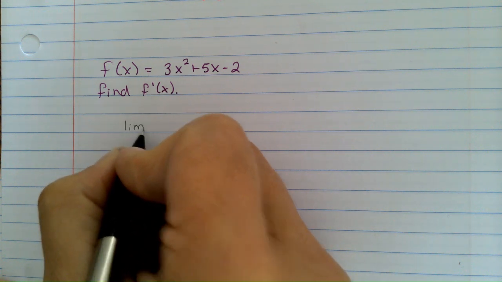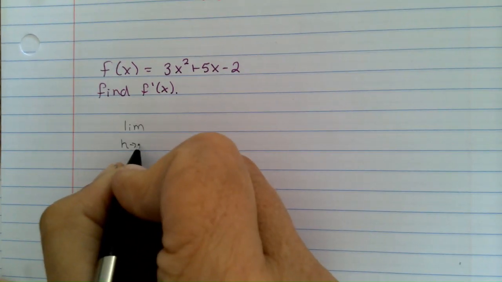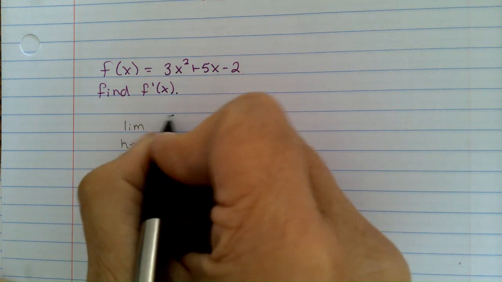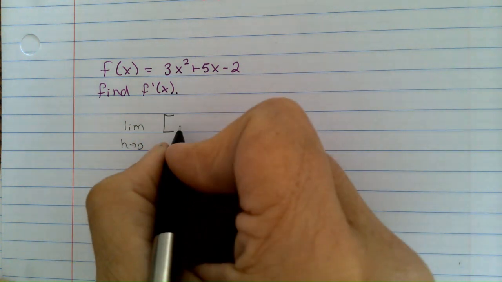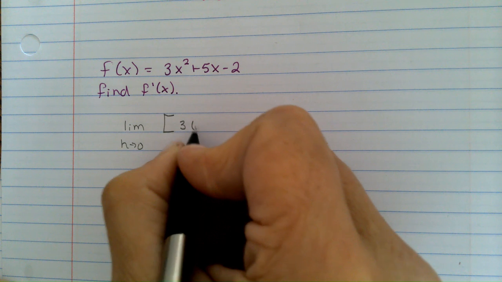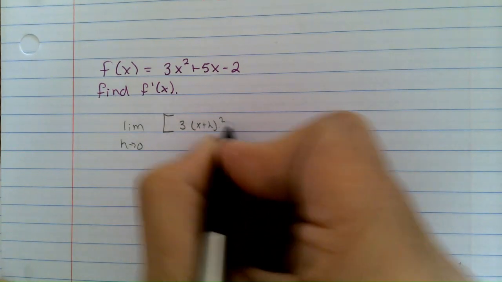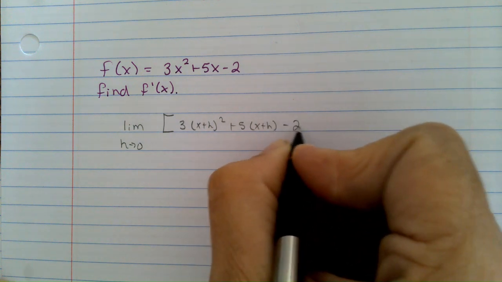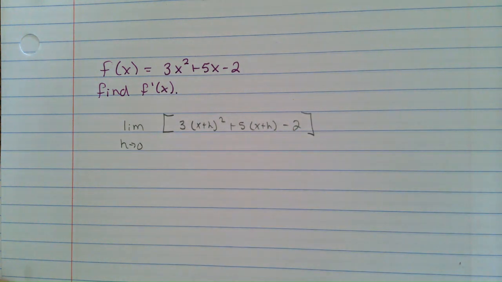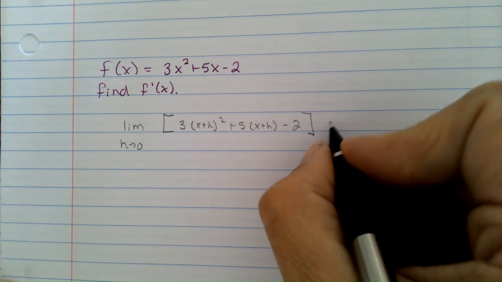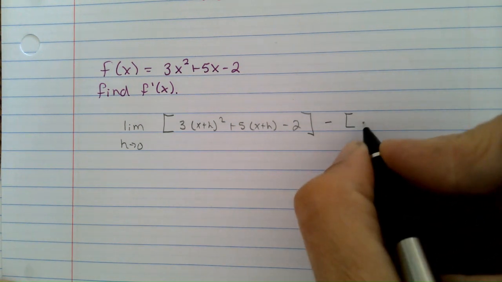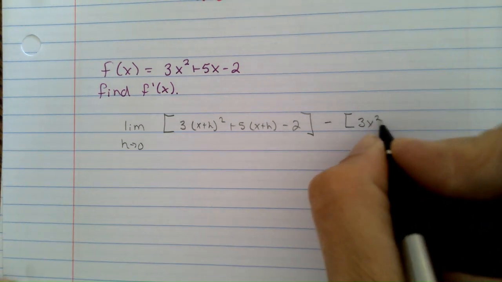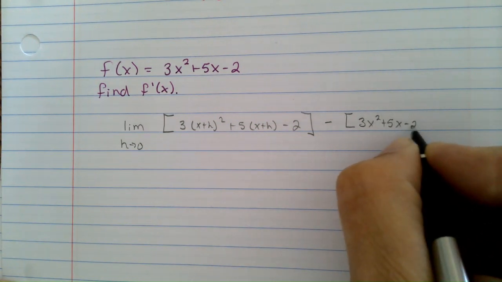The limit as h approaches 0. I'm going to use brackets. I have to substitute x plus h the first time, right? So there's my f of x, x plus h substituted, minus, and here we're just f of x.